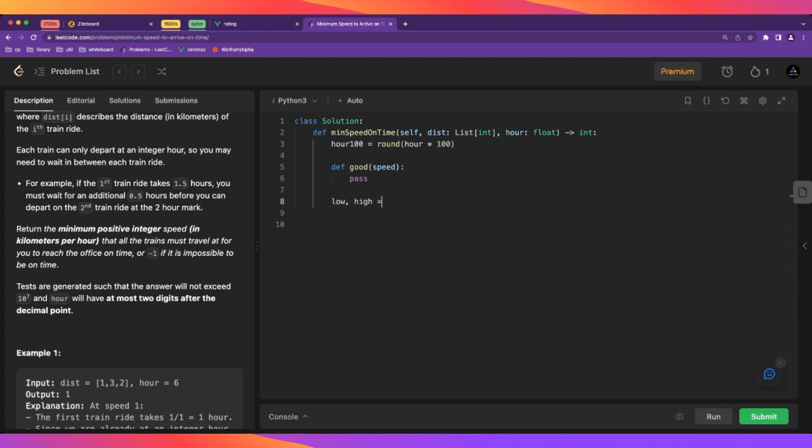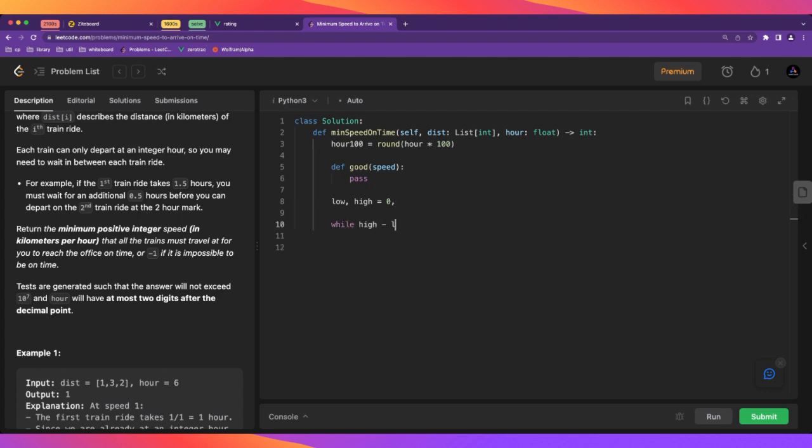The way that I implement the binary search is that first I want to have the two inclusive ends of the range, and the invariant is going to be that for low good is false, and for high good is going to be true.